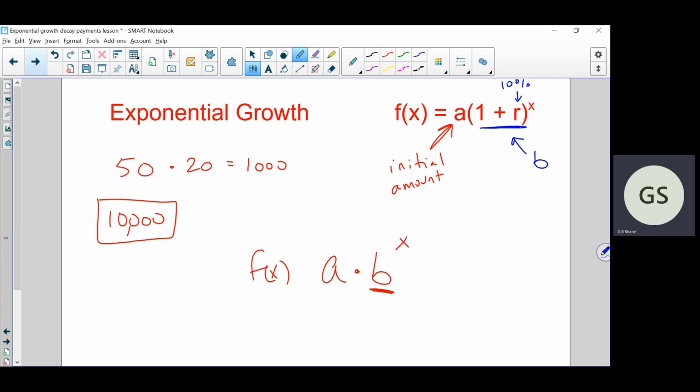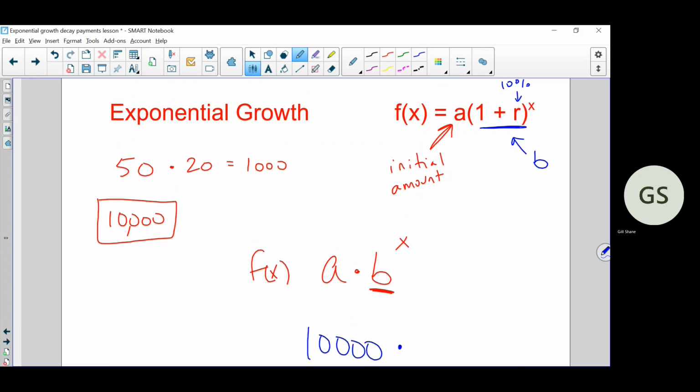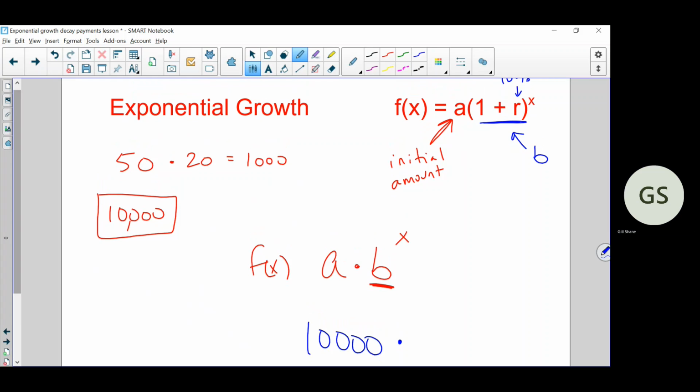So here's our formula. What's our initial value? 10,000, right? We said that was our A. So that's what we're investing, $10,000. What's our B value? That one's a little trickier. R is 10%.